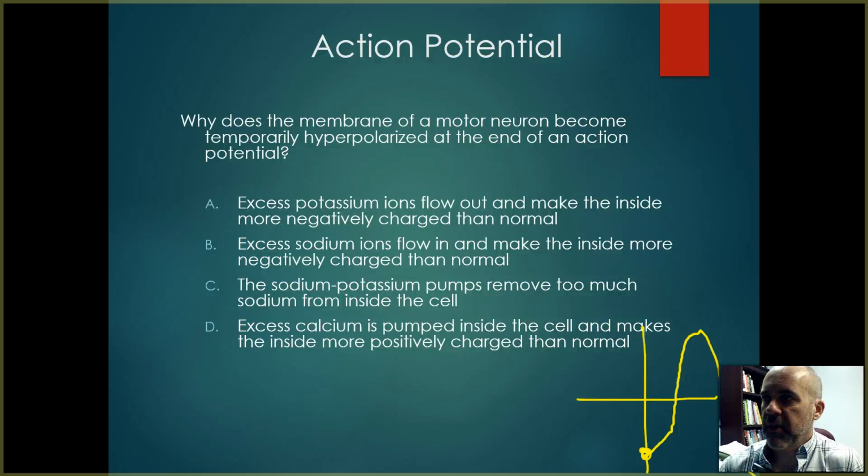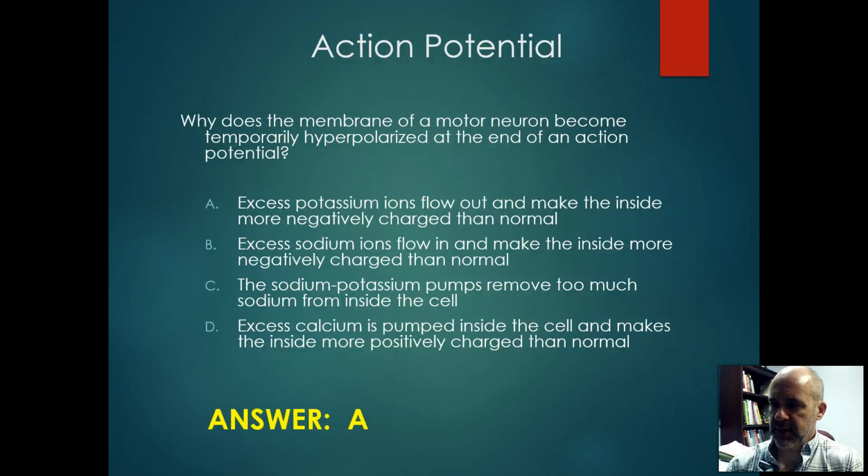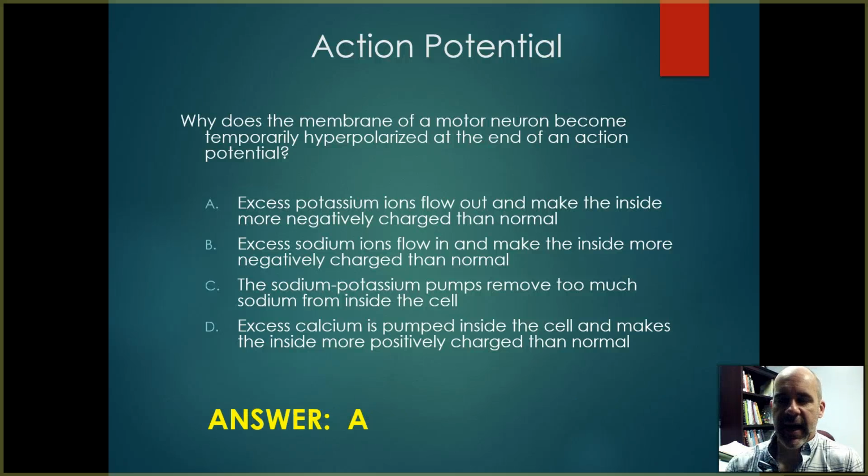All right, and the voltage across the membrane temporarily drops below minus 70. That's called hyperpolarized. And the reason for that, hopefully you have picked answer A: excess potassium ions flow out and make the inside more negatively charged than normal.